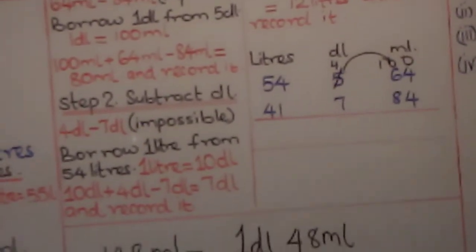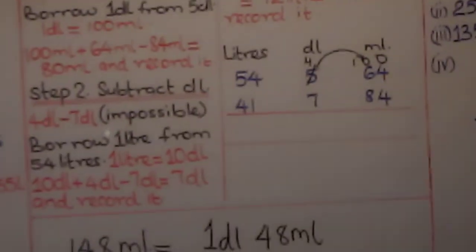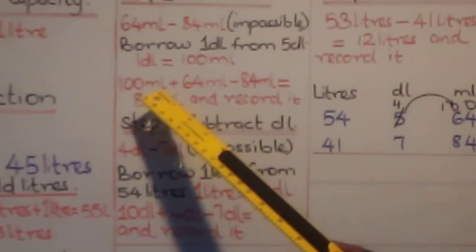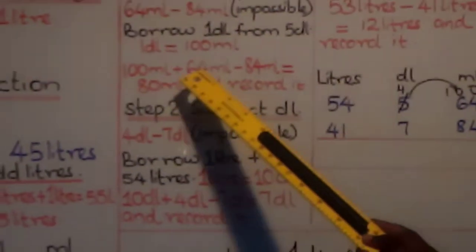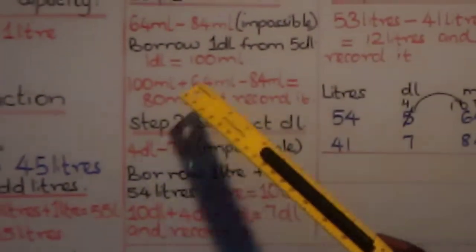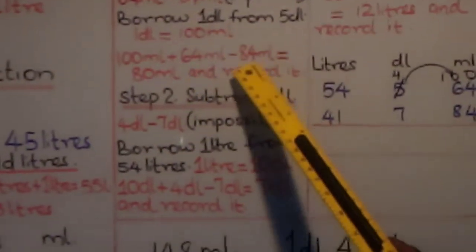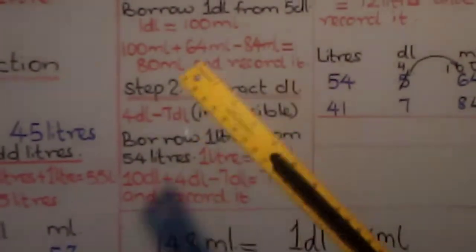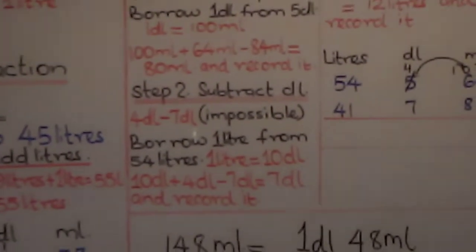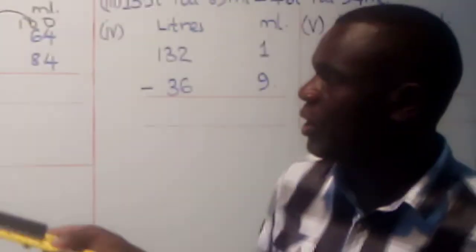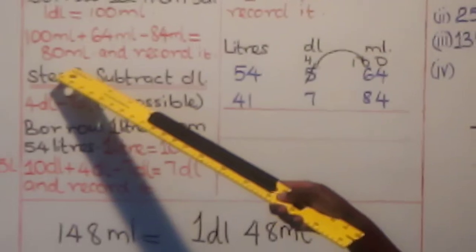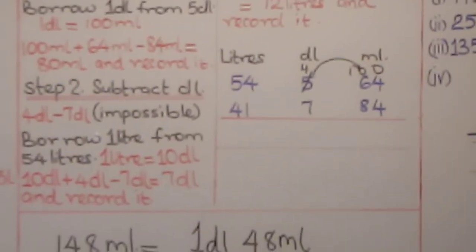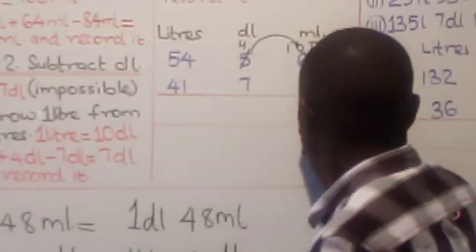And so step number 1 continues with 100 milliliters plus 64 milliliters, then minus 84 milliliters. What is our answer, boys and girls? Shall we read together? 80 milliliters. And so we record it, 80 milliliters.